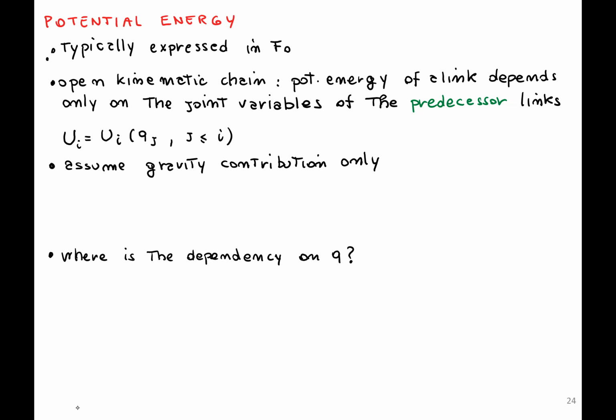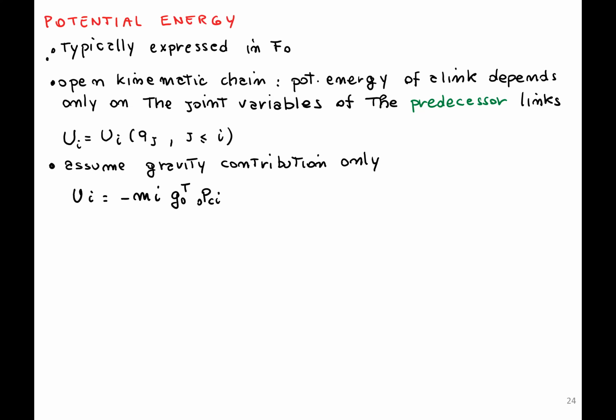In this case, the potential energy of link i is the mass of link i times g_0 transpose p_Ci in frame 0, where p_Ci is the position of the COM of link i expressed in frame 0. And this is a projection along gravity.